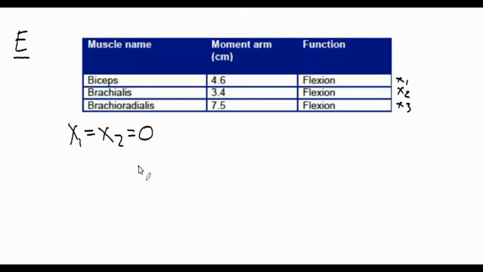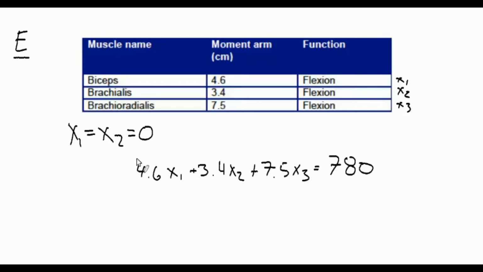And if we write in the moment equilibrium condition, it's 4.6 times x1 plus 3.4 x2 plus 7.5 x3 is equal to 780. Well, if x1 is equal to x2 is equal to 0, that's 0. That's 0.